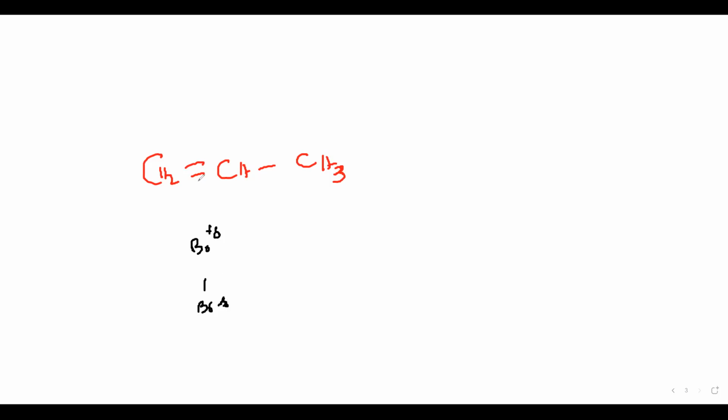So we draw one arrow from the double bond to the partial positive bromine, and the second arrow breaks the bond. Now two possibilities arise, because the bond breaks between the first and second carbon. So the first carbon can be positive, or the second can be positive.